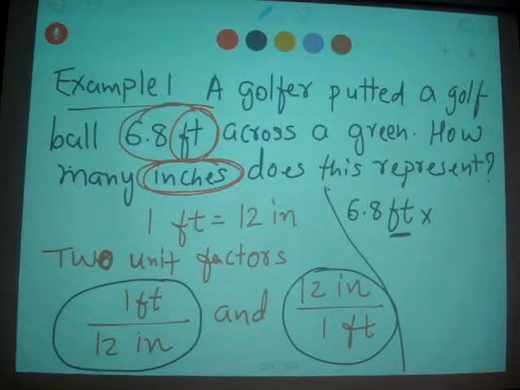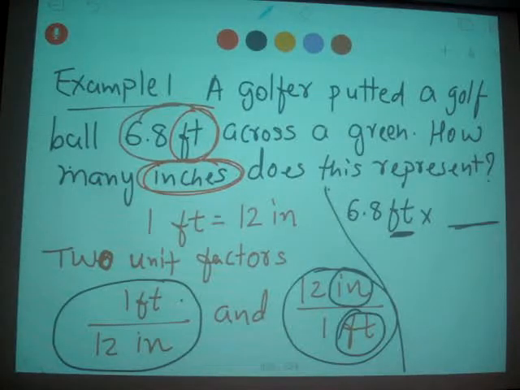Now the question is which unit factor we will use. This is the given unit, so we select the factor out of these 2 unit factors that has feet at the bottom. Why? So we can cancel and we get the unit inch on the top. So for that we select this unit factor and multiply by 12 inches over 1 foot.